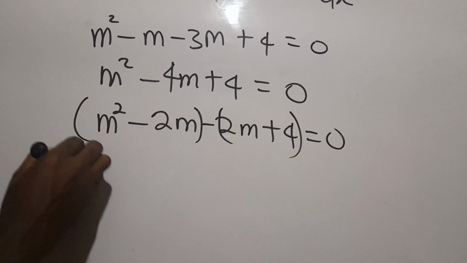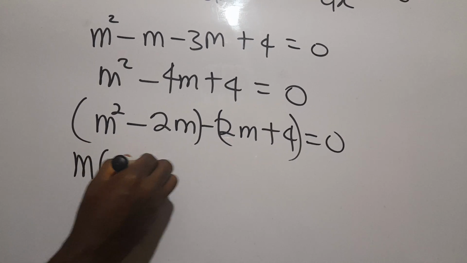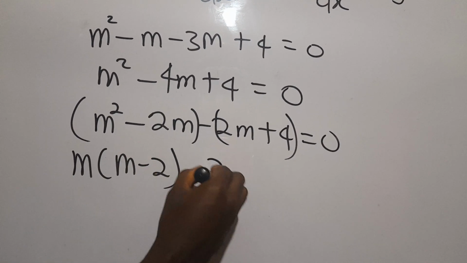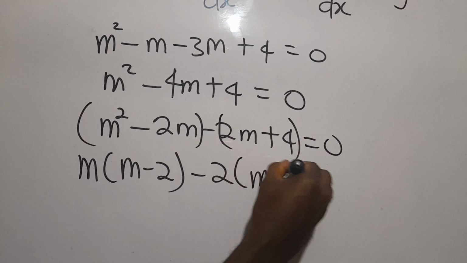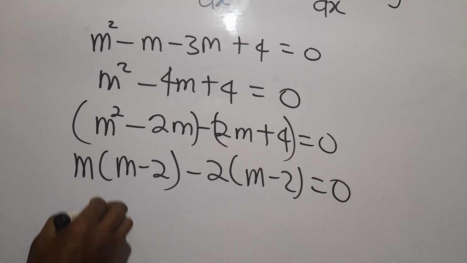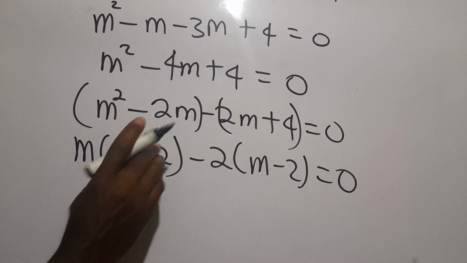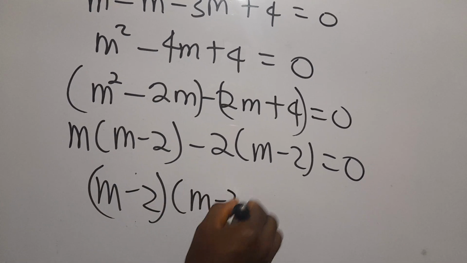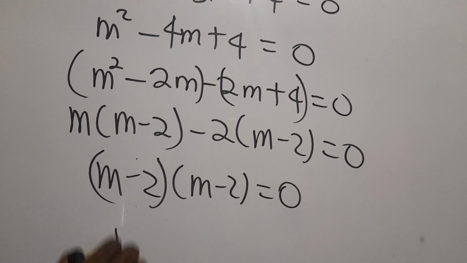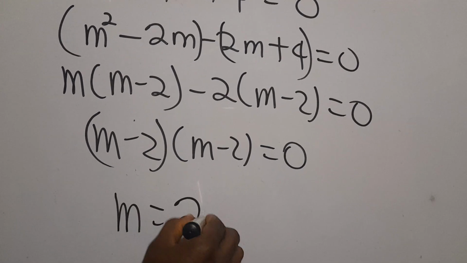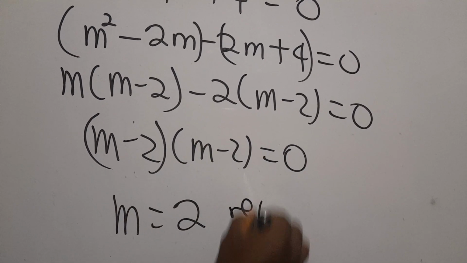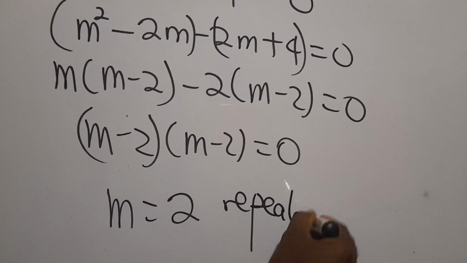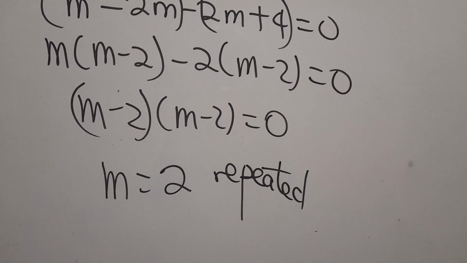M is common in the first, and minus 2 is common in the second. We factor out m minus 2, and we are left with (m minus 2)(m minus 2) equal to 0. So m is equal to 2, repeated. We have 2 repeated roots.